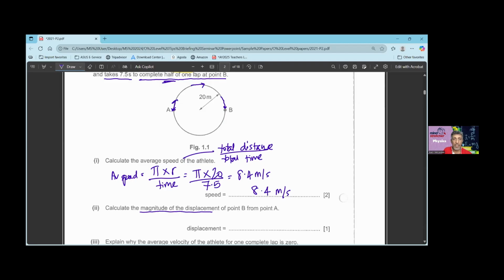Remember, it is the distance traveled in a straight line, the distance from A to B in a straight line. So what's the distance? 20, 20. Please take part in the chat. Okay, 40 meters. Very good.